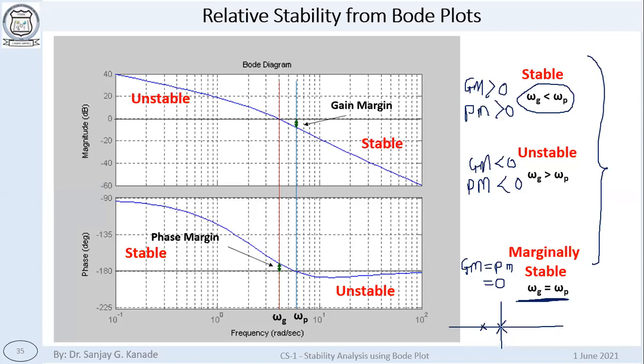And when the pole moves just on the right hand side, system will become unstable, right? Imaginary axis poles means system is marginally stable, right? So this is how we find out the relative stability from Bode plots.